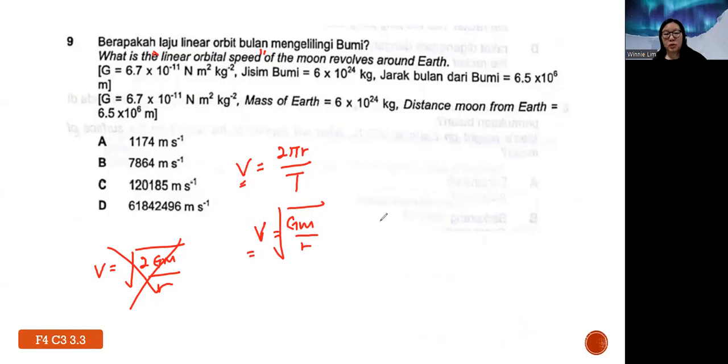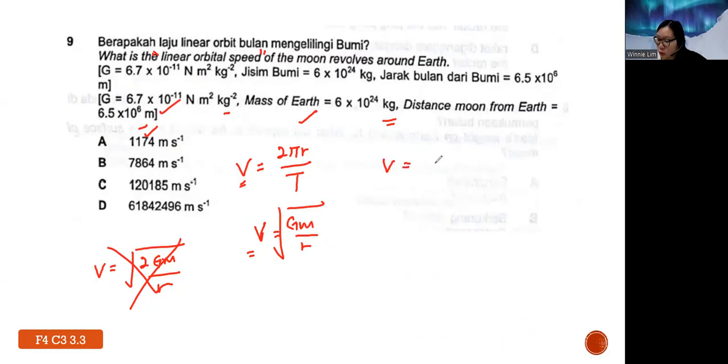Okay, so like I mentioned already, since they give you G, they give you M, they also give you R, that means you are using this formula, V equals square root of GM over R. Before you sub in, always check that everything is in SI units: kg, Newton meter square per kilogram square. R is in meters, so no problem. Indeed, everything is in SI units.